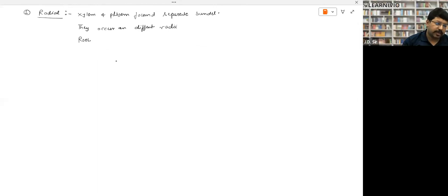The diagram for radial is already present, we have studied it, so no need to draw. Then come to the conjoint.